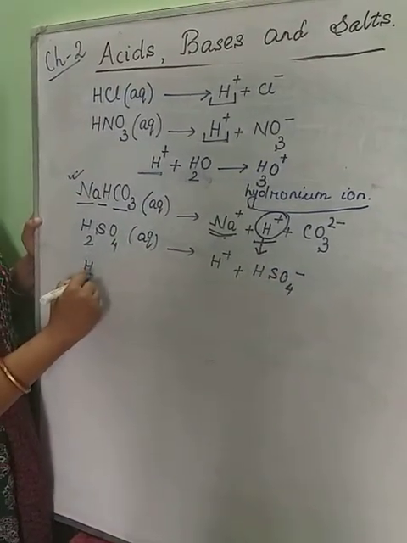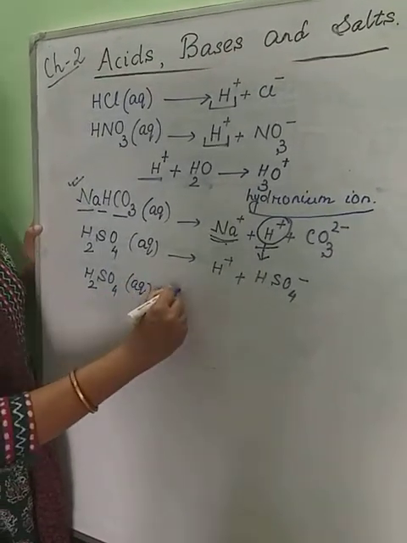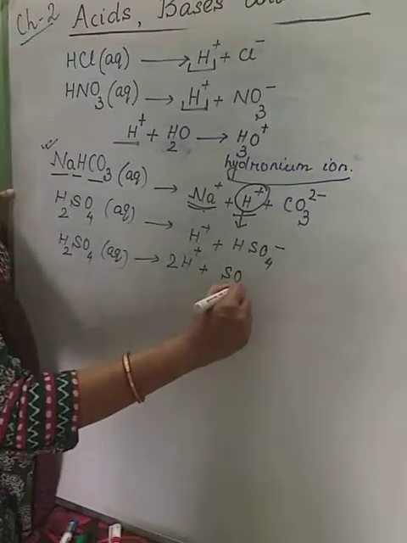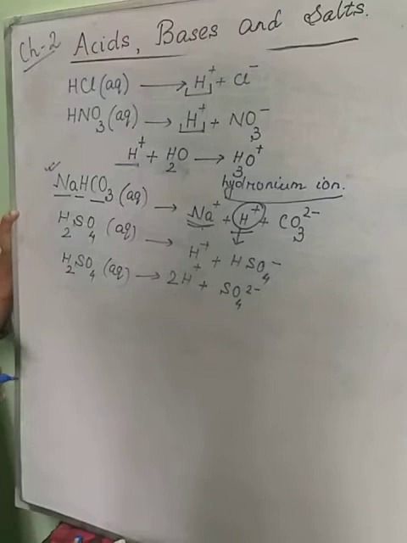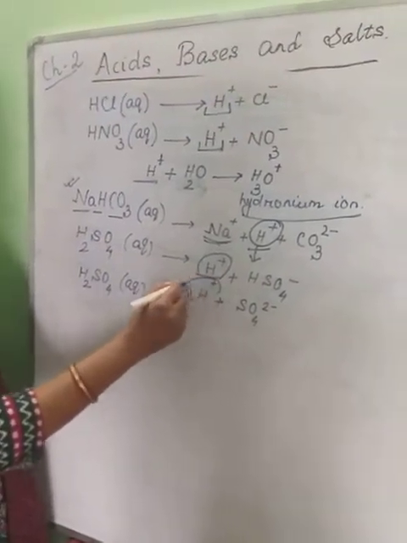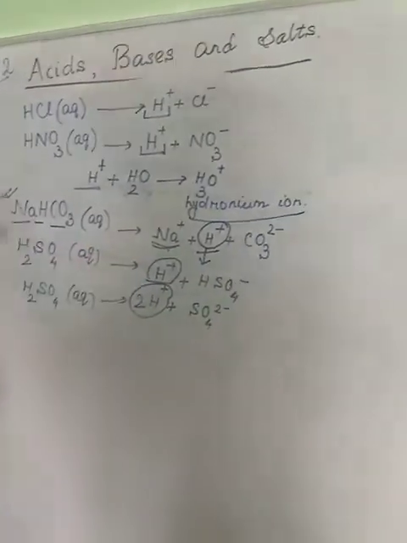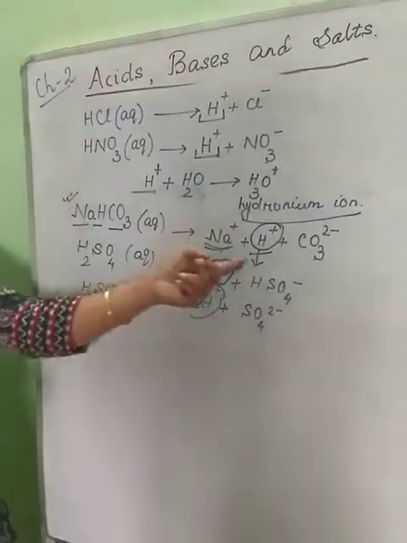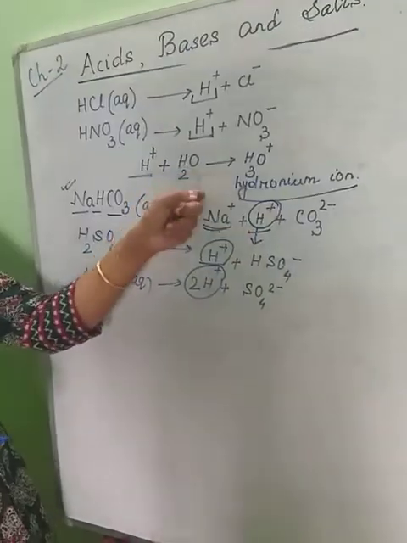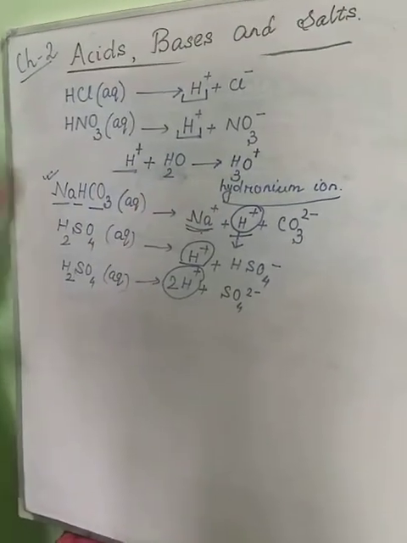It could also dissociate as 2H plus and 1 sulfate ion. So in this case, hydrogen ion, and hence hydronium ion, is the only positive ion. But in other compounds, we could have hydrogen ion in aqueous solution, but along with this, some other positive ions are also there and therefore these are not acid.